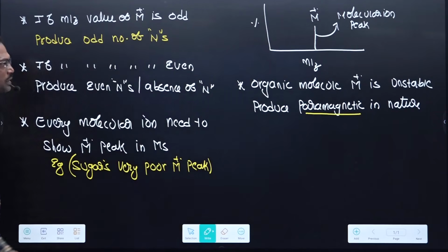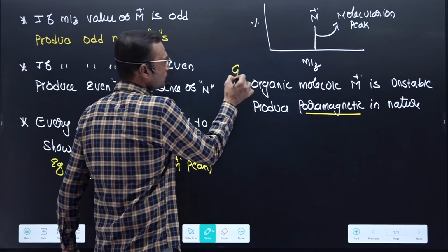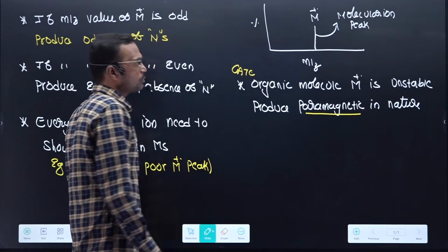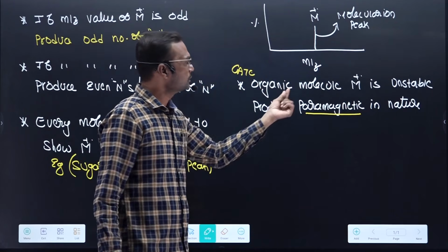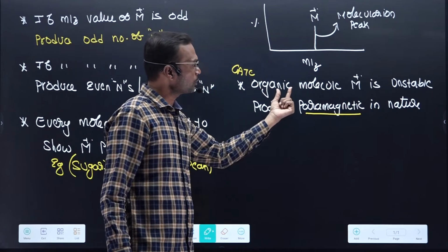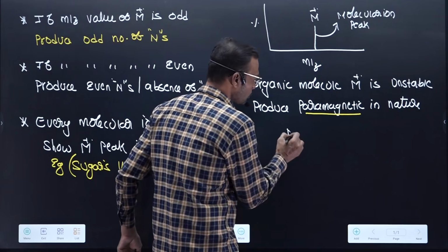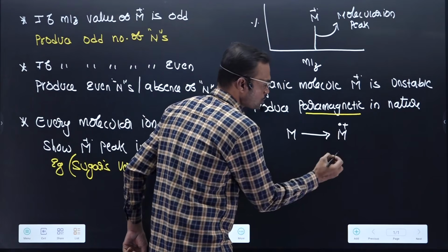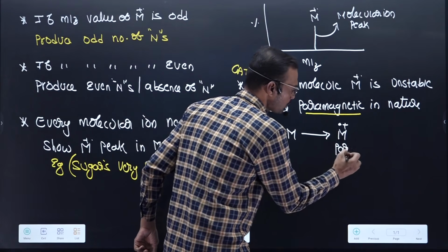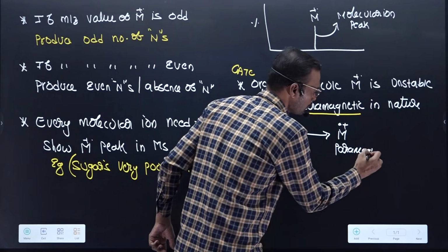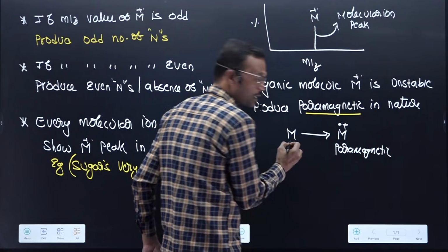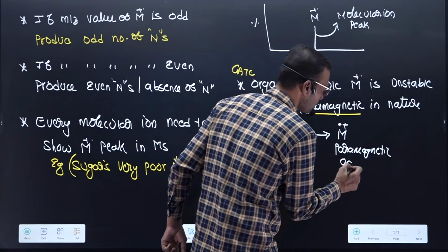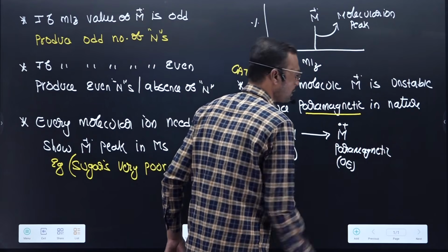This point is given in the GATE exam. In the GATE examination, this statement is given directly: for an organic molecule, the molecular ion is unstable. Initially I take one organic molecule, which loses one electron and forms a radical cation. This is paramagnetic. Initially the gaseous molecule is an even electron species, now it becomes an odd electron species, paramagnetic in nature.